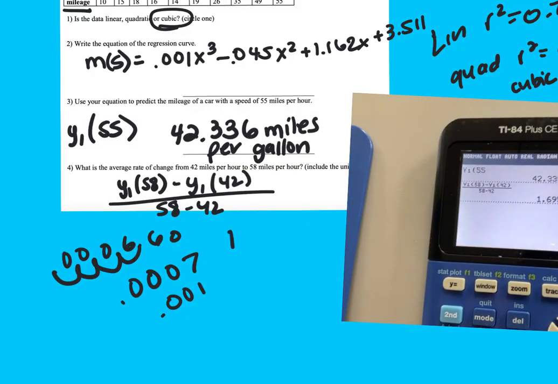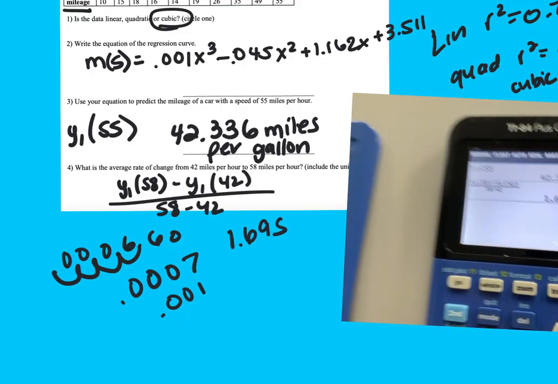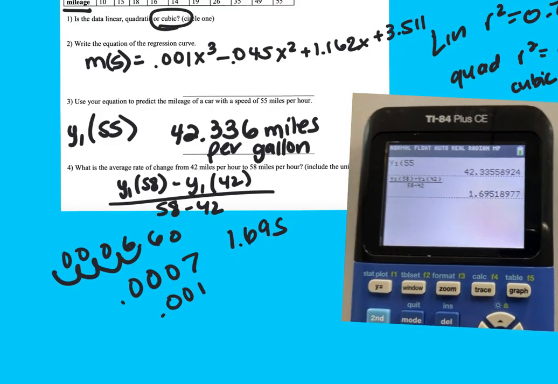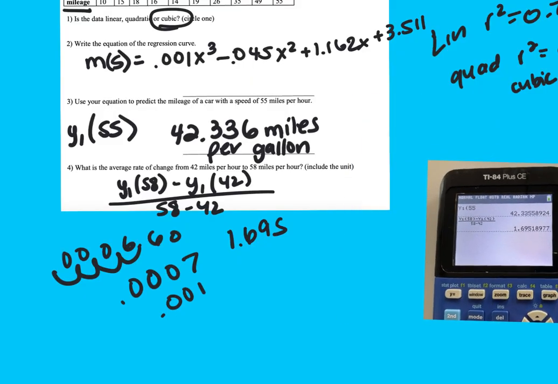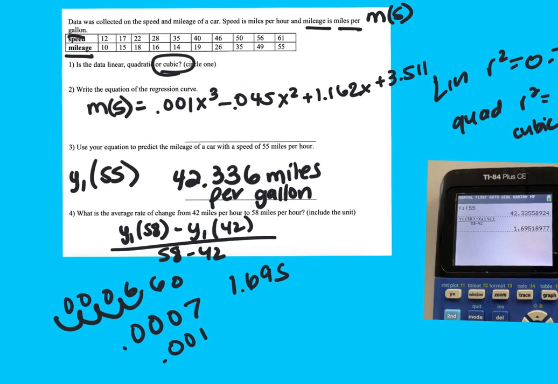And this is 1.695. And what's the unit on that? If it's output per input, then this is miles per gallon per miles per hour.